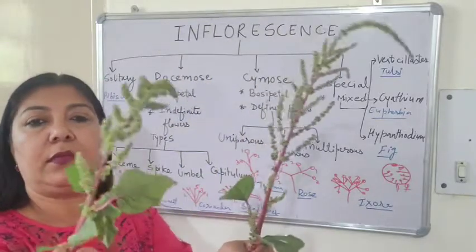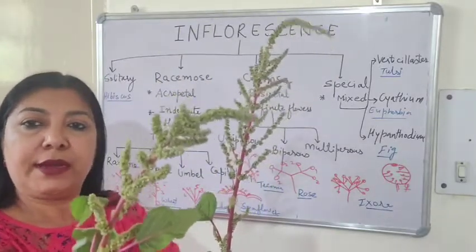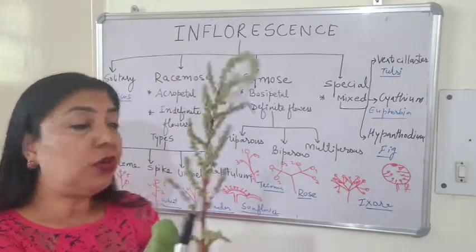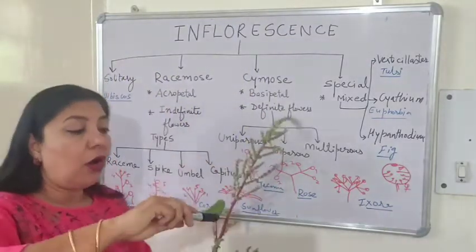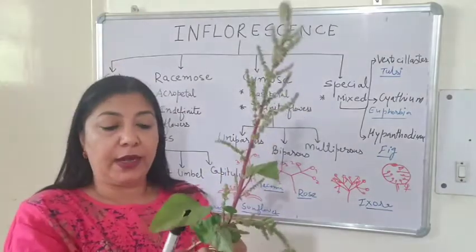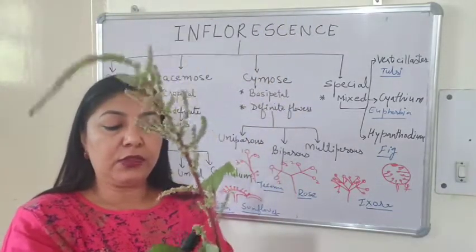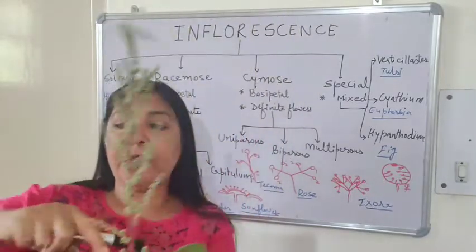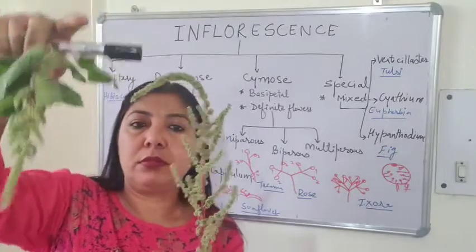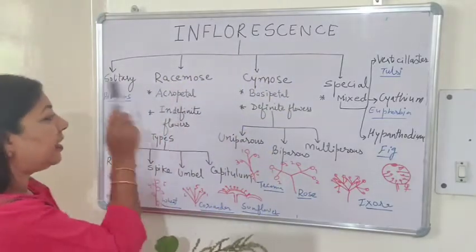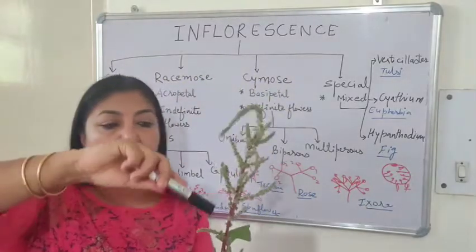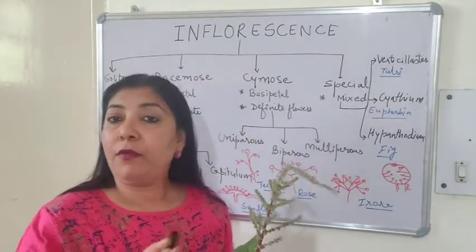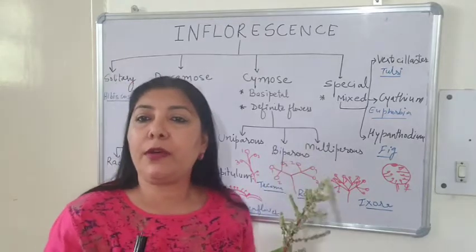Like here, the number of flowers has increased, and here they have increased more. So the growth of this peduncle is indefinite. Initially it was so small, then it became longer and it has become so long. That's why there is an indefinite growth of the peduncle. As a result, there are an indefinite number of flowers. We cannot predict the number of flowers.